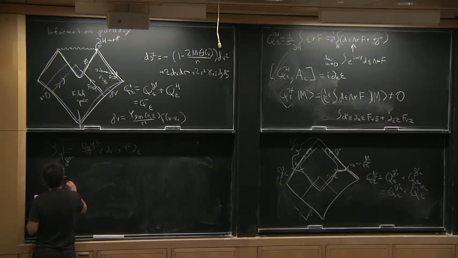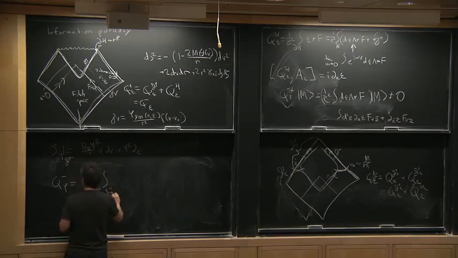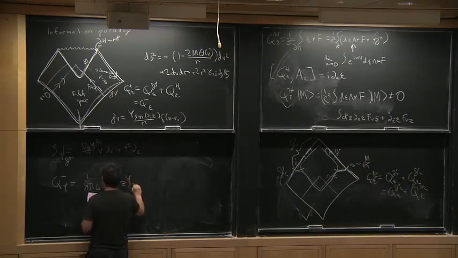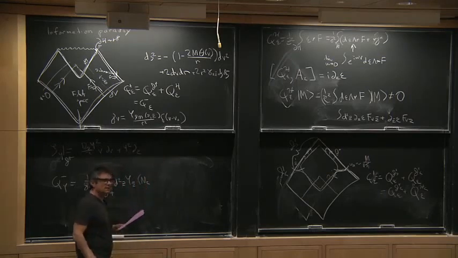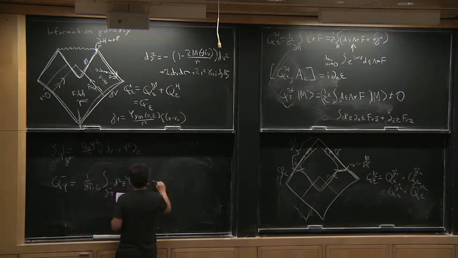The conserved superrotation charge, which we discussed several lectures ago, is 1 over 8 pi G integral on scri minus plus, this would be at the bottom, d squared z, y^z bar and z, where this is the angular momentum aspect, the 1 over r term in the expansion of the coefficient of du dz in the line element, plus v dz times the bondi mass aspect.